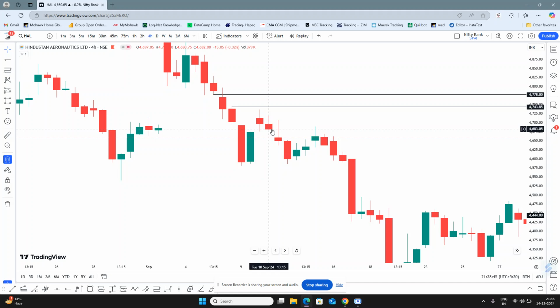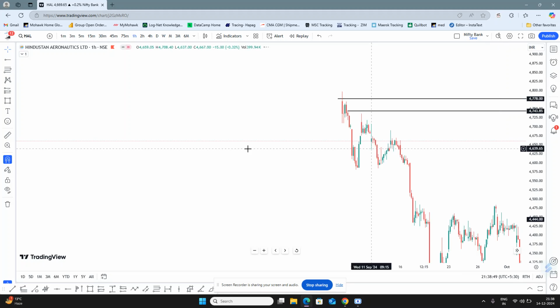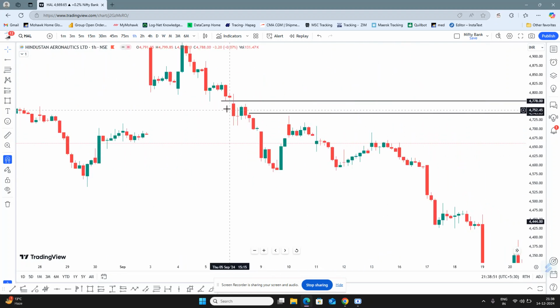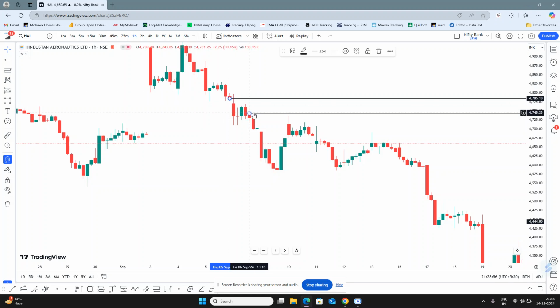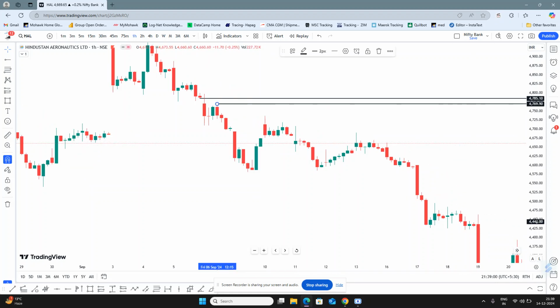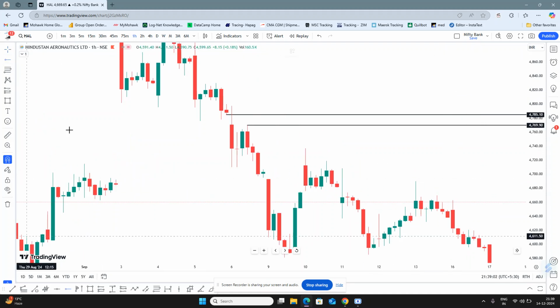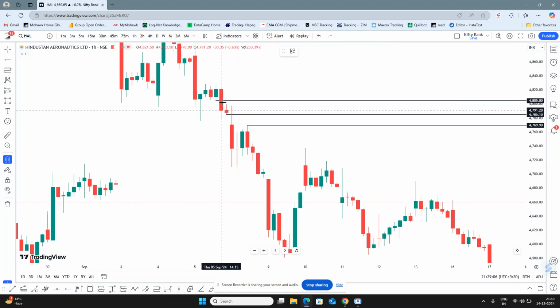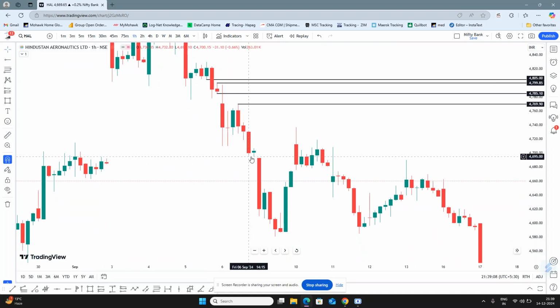Right? Nothing else. I can change it to 1 hour also. Let's see any good thing here. So this to this as well. And any more point of selling left? Right.